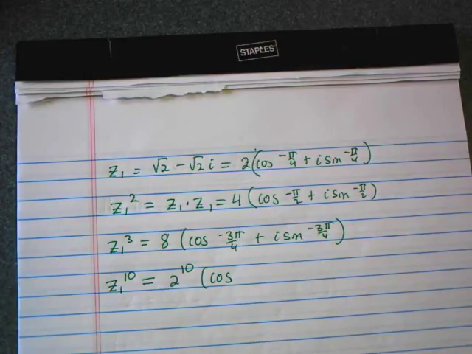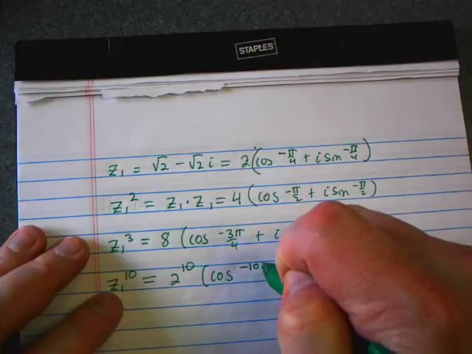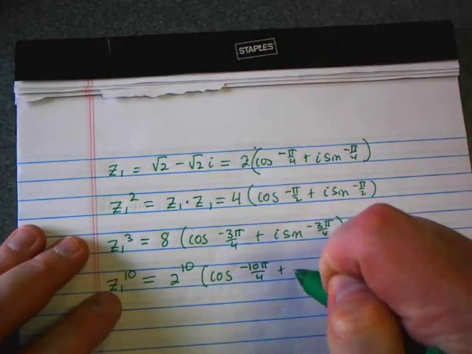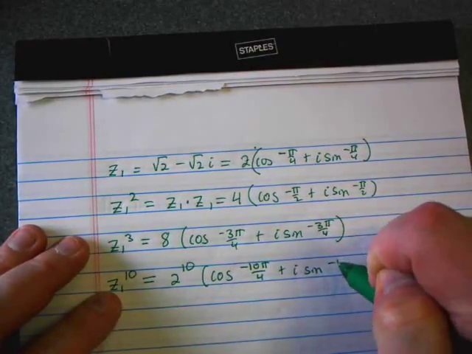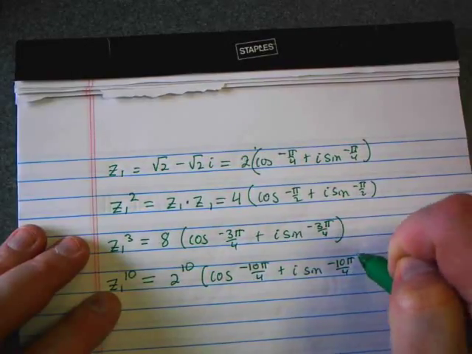Well, if I'm multiplying 10 times, what am I going to do with the angle 10 times? I'm going to add it together 10 times, aren't I? So I'm going to have minus pi over 4 plus minus pi over 4 plus minus pi over 4, 10 times. So what do you get when you add it up 10 times? Negative 10 pi over 4 plus i sine negative 10 pi over 4.